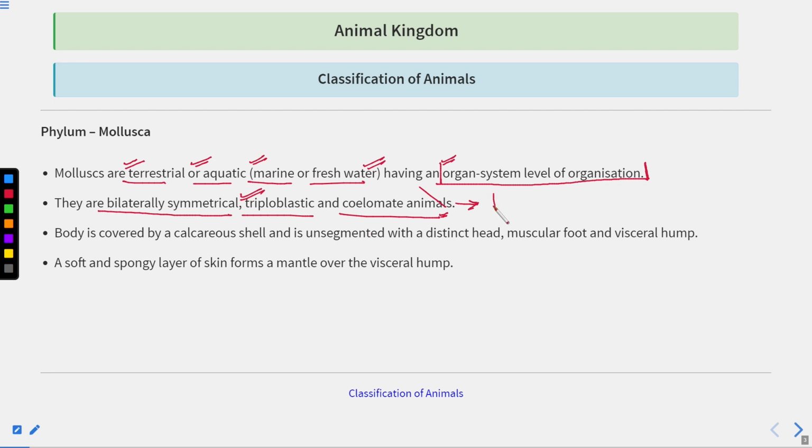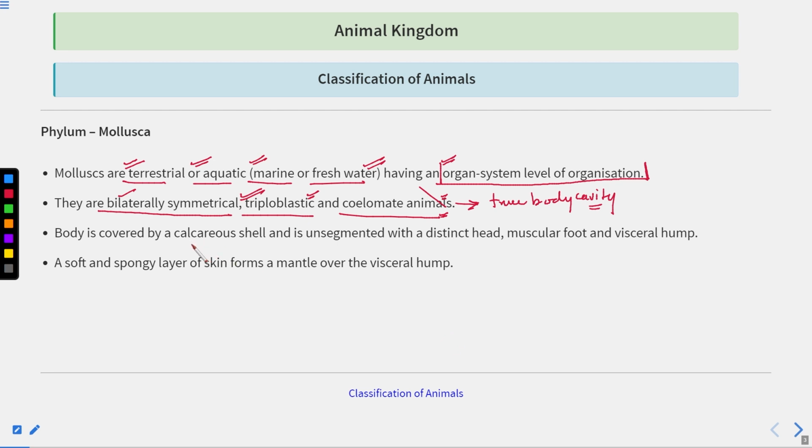Why? Due to the presence of a true body cavity. So these are some of the very advanced features in the phylum: bilaterally symmetrical, triploblastic, and a true coelom.